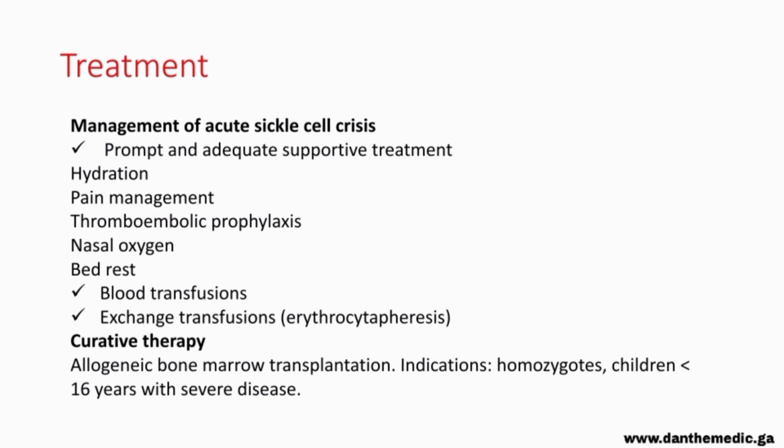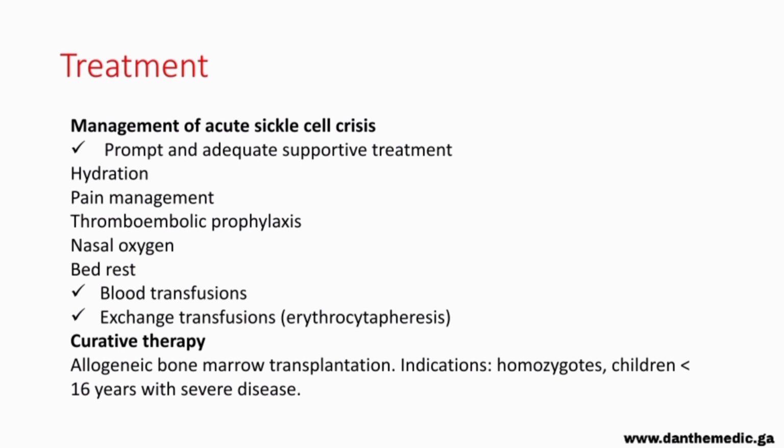Also, we can do exchange transfusions, which is an automated removal of erythrocytes containing hemoglobin S and simultaneous replacement with hemoglobin S free erythrocytes. Now, the indication for this is acute vaso-occlusive crisis.